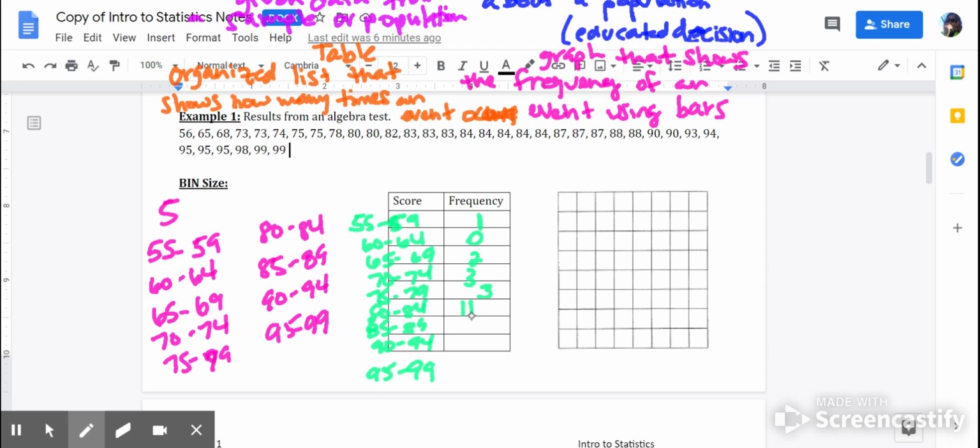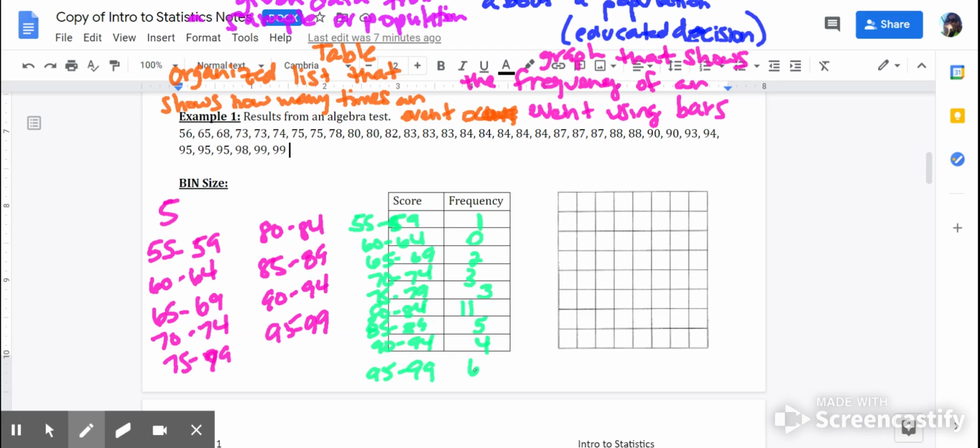There should be 11 of those. 85 to 89, here, there's only 5. 90 to 94, 4, and then 95 to 99, there's 6 values. So that's all you have to do for a frequency table or frequency distribution.